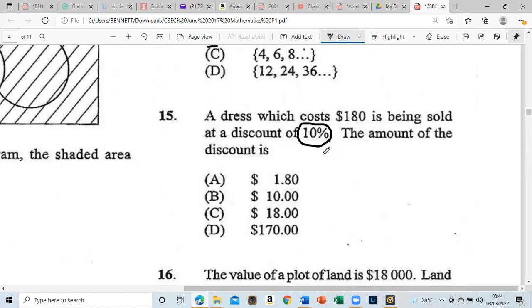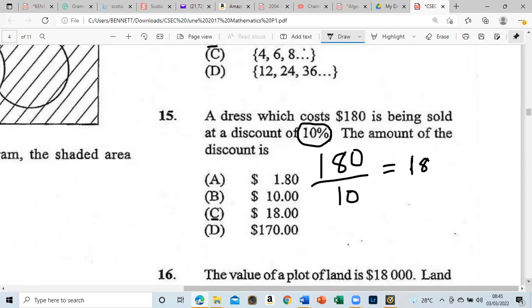Just divide 180 by 10, and that would be 10%. 10% is basically dividing by 10. So that is 18. So we don't have to do long working sometimes. So that is C.